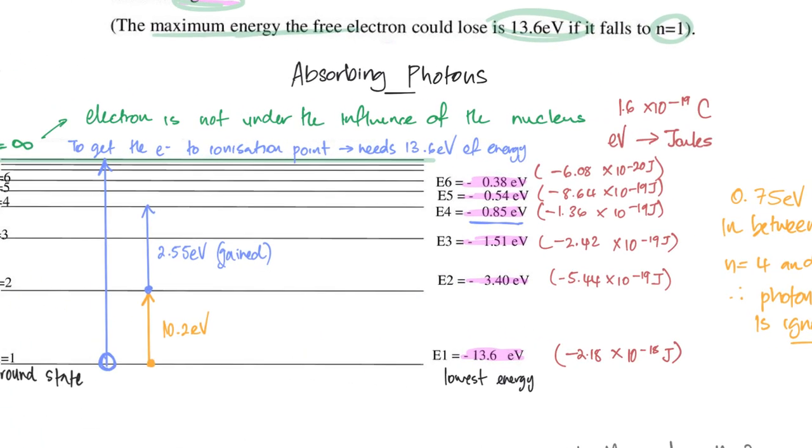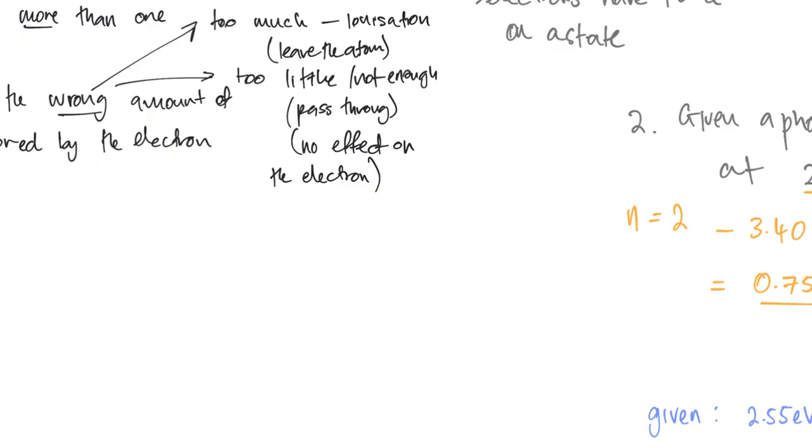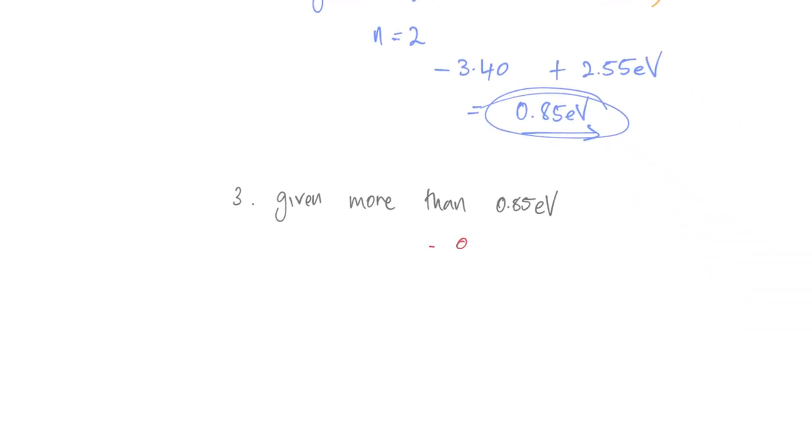If I've got negative 0.85 plus 0.85, I'm going to end up with 0 electron volts.